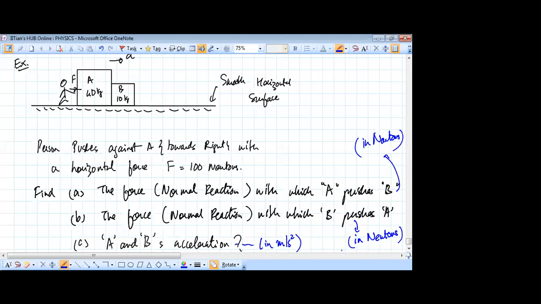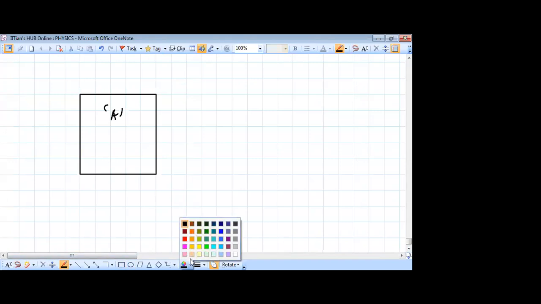Okay. So let's try and understand what happens here. See, suppose this is the block E. Now you are pushing it from this side with a force of 100 newtons.